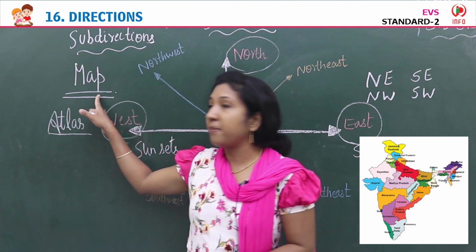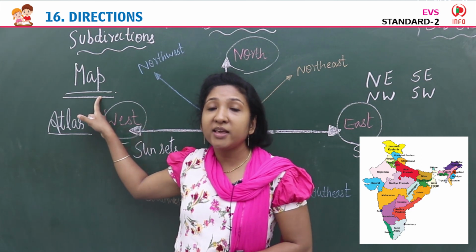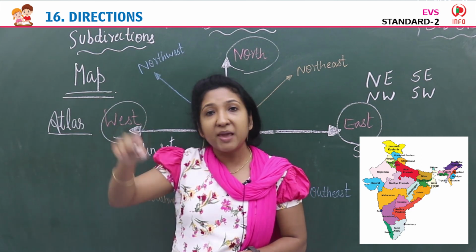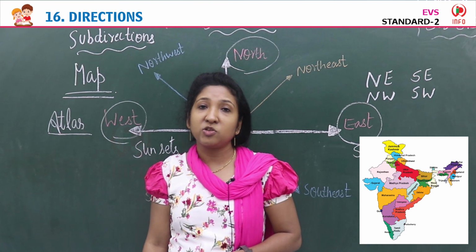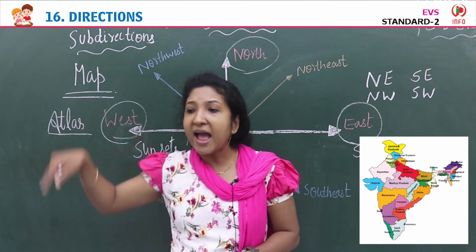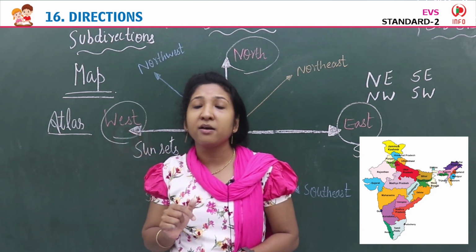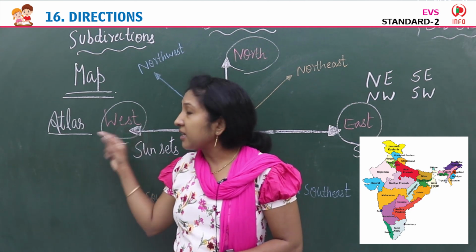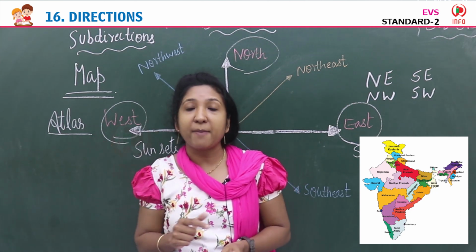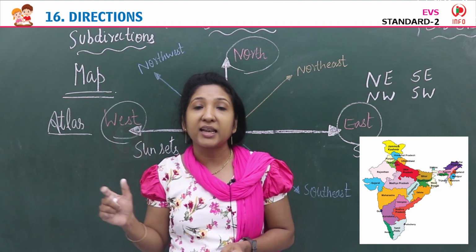Yes, map. Map is a drawing of earth on a flat paper. That is map. Drawing of any area on a flat paper, it is map. And Atlas has collection of maps. Book of maps is Atlas.